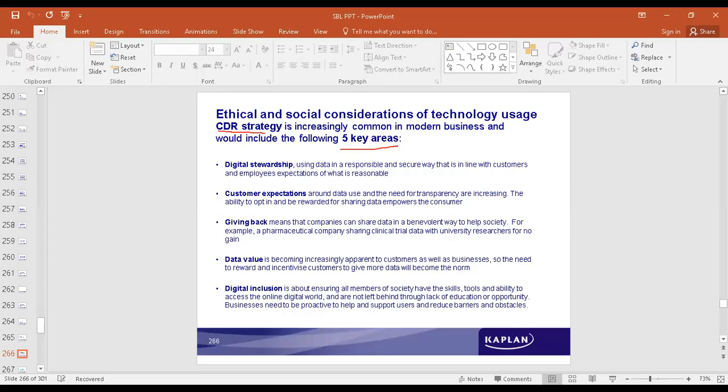So stewardship is to be able to serve the customers in line with the customers' and employees' expectations of what is reasonable.